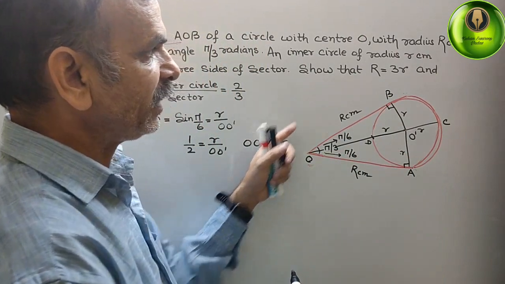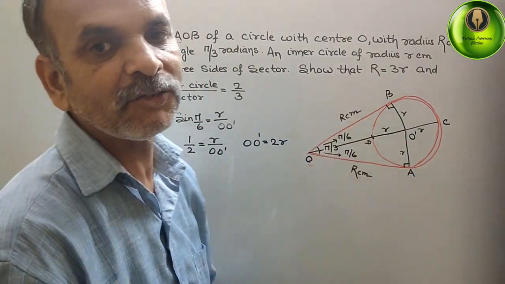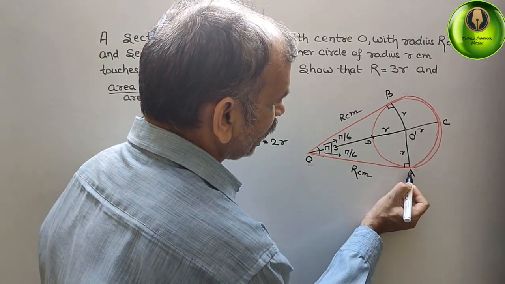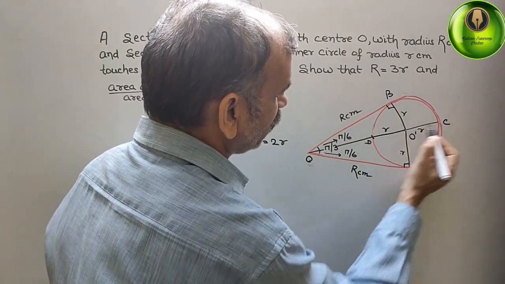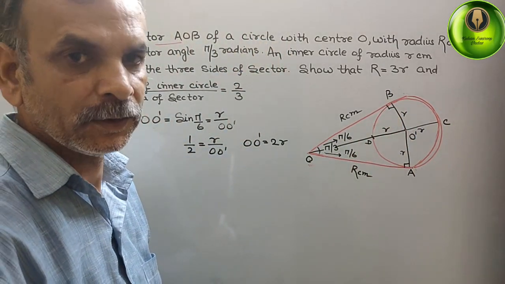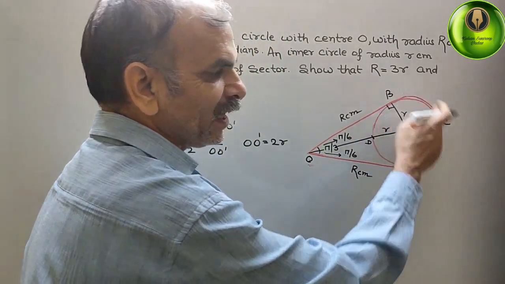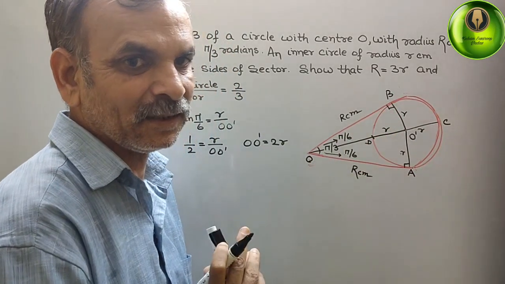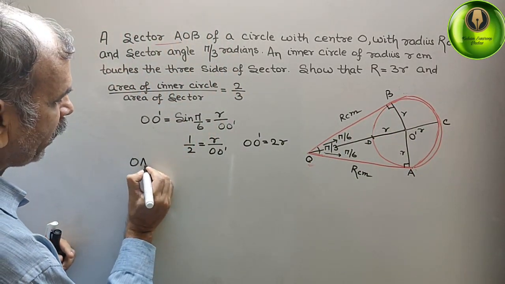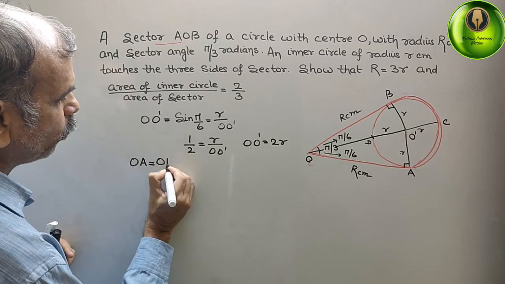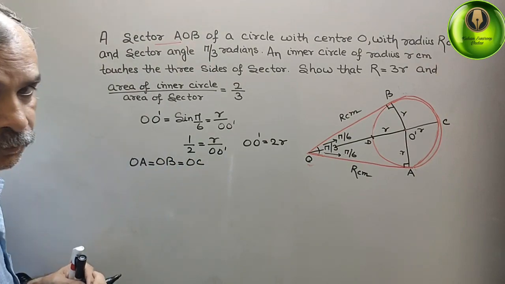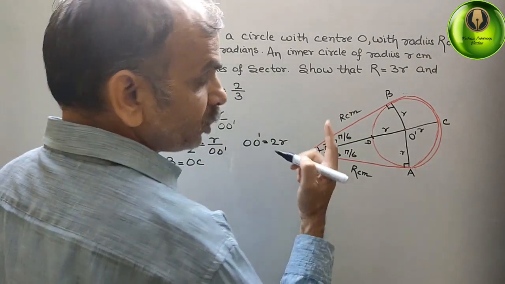And the first thing we have to find out, capital R is equal to 3r. So you can see OA is equal to OC is equal to OB. They are the radius of the same circle, the arc of the sector. So what is your OC now?